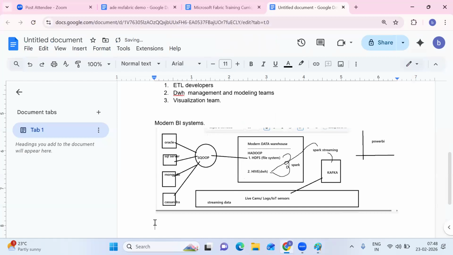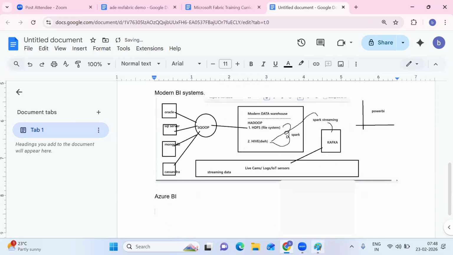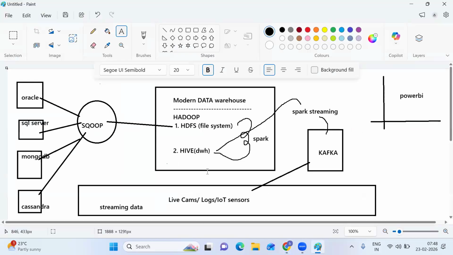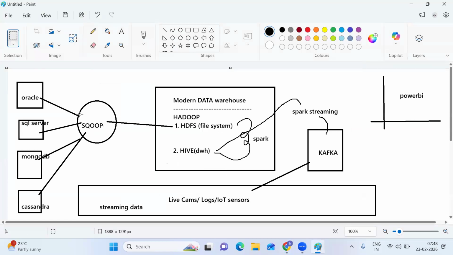Now I want to replace this system with ADE services, the data engineering services within Azure. Later we migrate that into Fabric. Purely I'm going to talk on Azure. I want to replace something. So here I will replace this Sqoop.